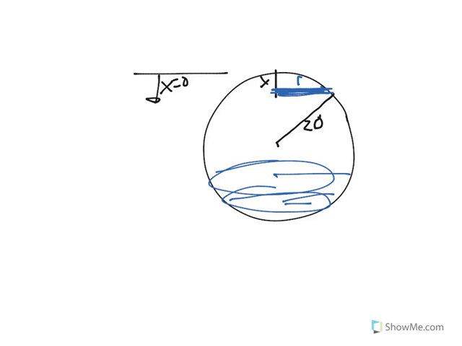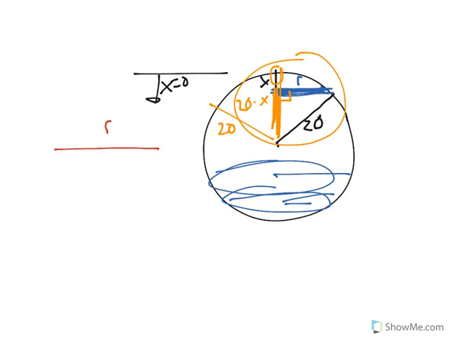How would I figure that out? Well, it's pretty tricky, but it's pretty nifty, also pretty slick. The radius of this sphere is 20, right? That means this distance here is 20. And if this part here is x, how much is left over for this part? Well, 20 minus x. Now we have this right triangle where we know two of the three sides.